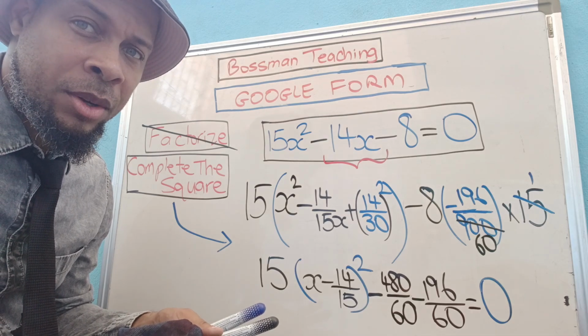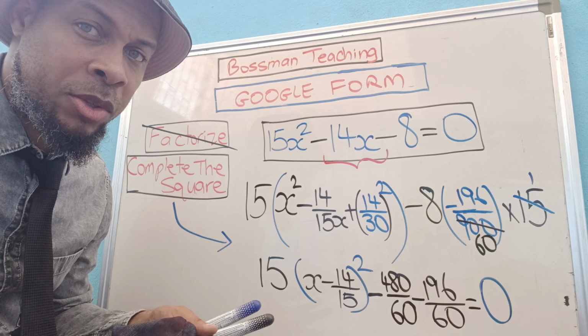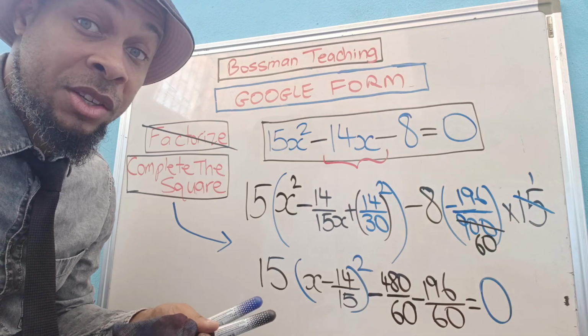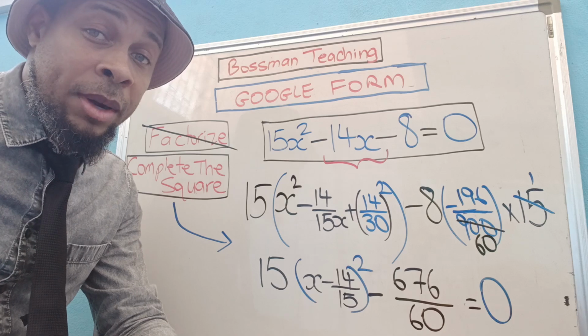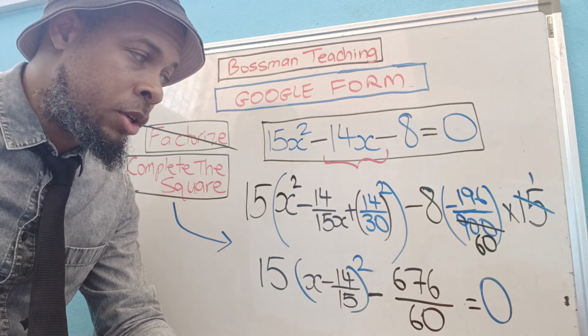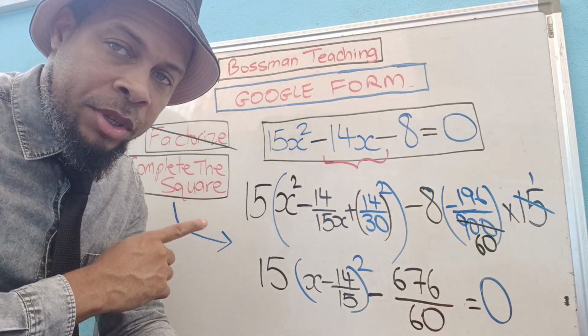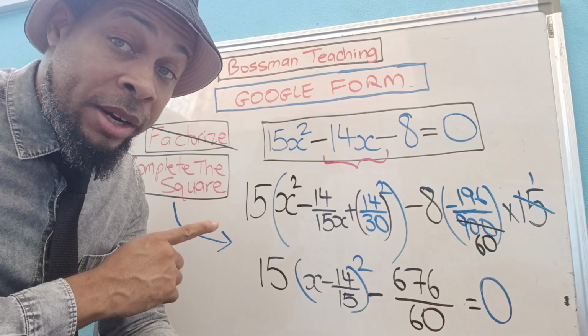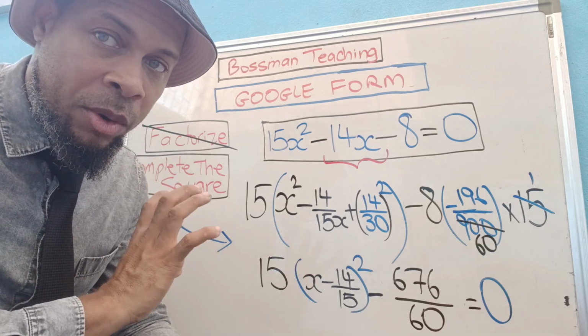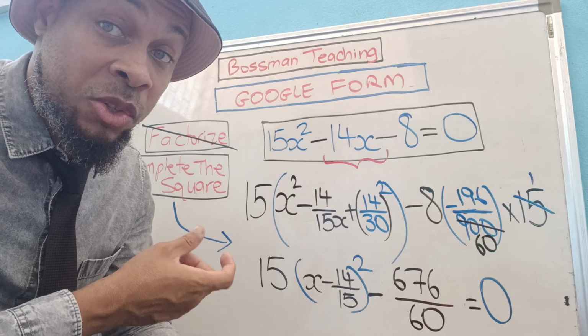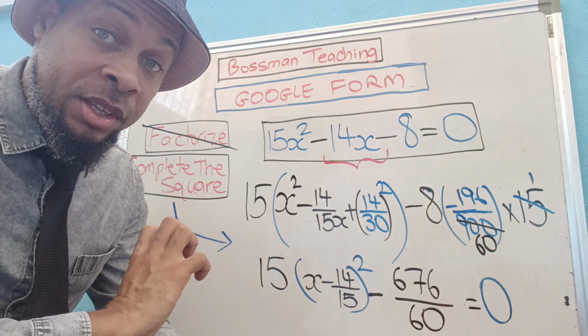Now, here's what's beautiful. 480 plus 196 is going to give us 676. The reason why this is nice is because you'll start to realize real quick that the numerator and the denominator of that fraction needs to be a perfect square, so you can square root it.